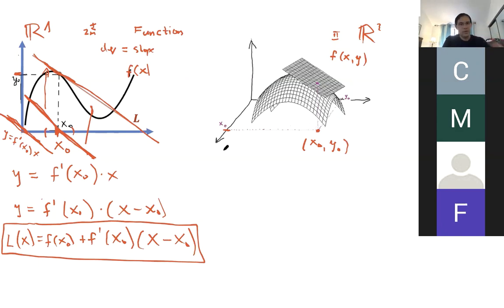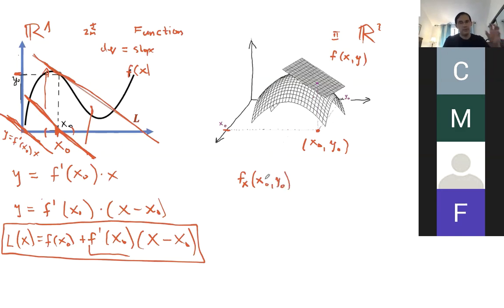So what we do is look at the derivative of this function f at this specific point x0, y0, but now the derivative is with respect to x and with respect to y. So I'll look at the derivative of this function f at this specific point x0, y0.